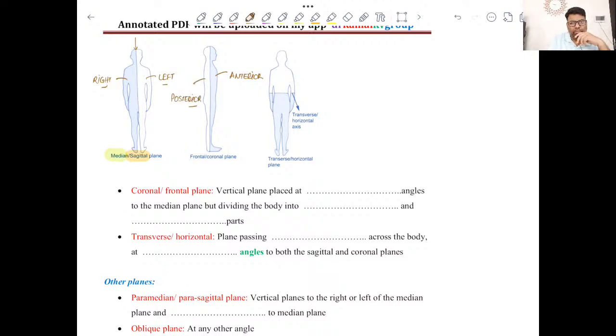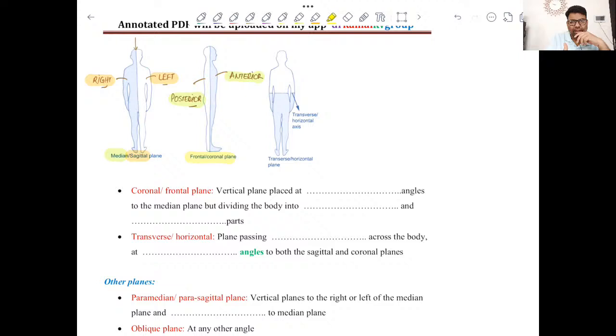So again it is a vertical plane, but it divides the body into anterior and posterior, and in sagittal it was right and left. Both the planes are vertical. So this kind of plane is known as the frontal or the coronal plane.